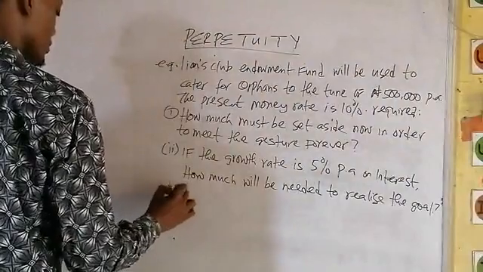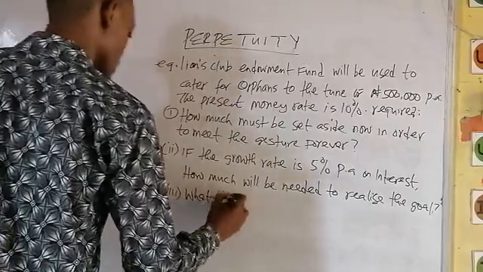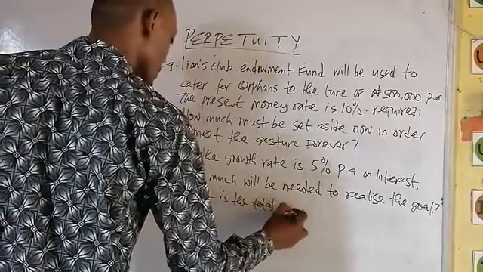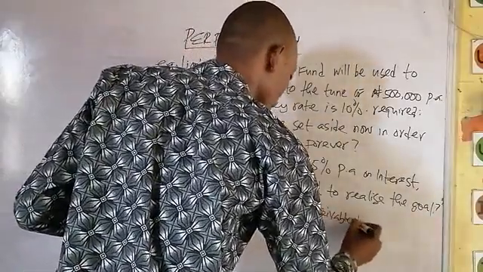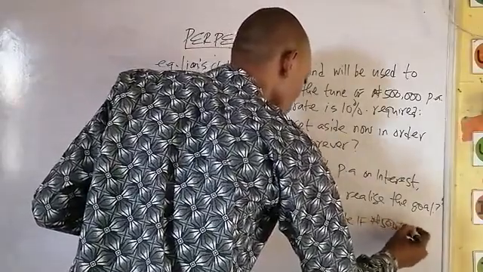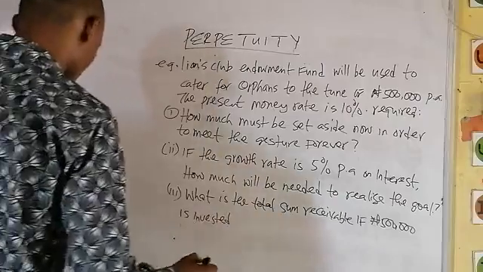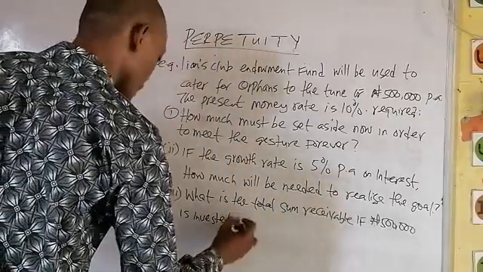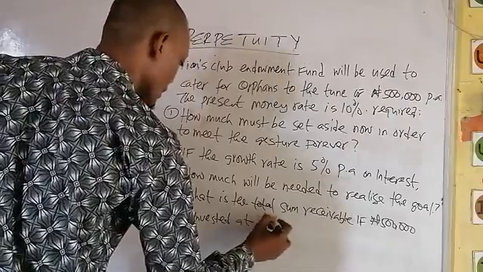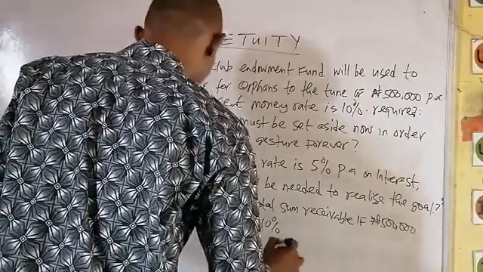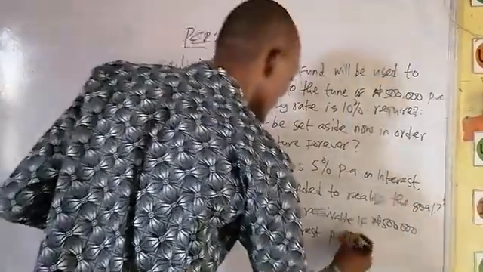Three, what is the total sum receivable if 500,000 naira is invested at 10% interest per annum to perpetuity.